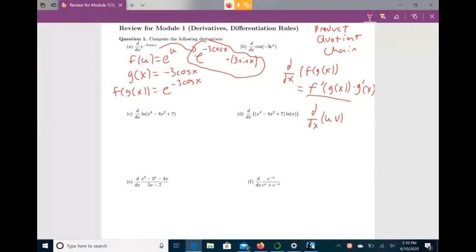And then myself and the LAs can come around. Yes, you could put the 3 out front.